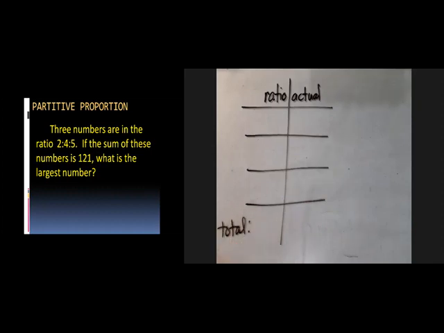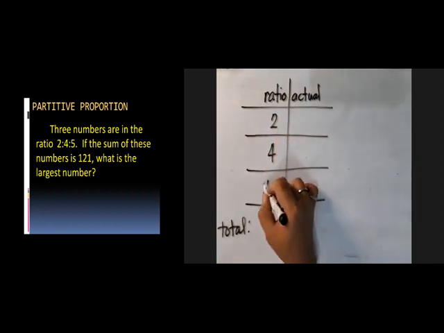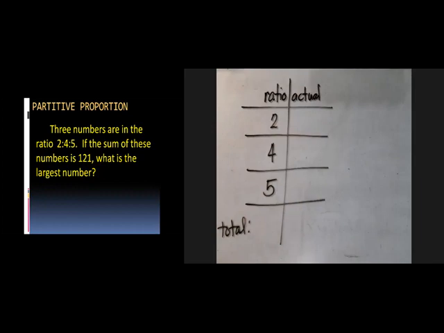Okay? So, yan. Total. So, let's list down our ratio. 3 numbers are in the ratio 2 is to 4 is to 5. Okay? If the sum of these numbers is 121.